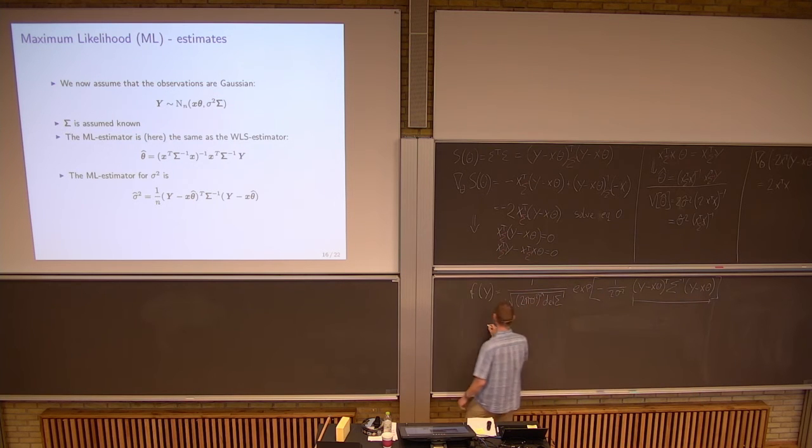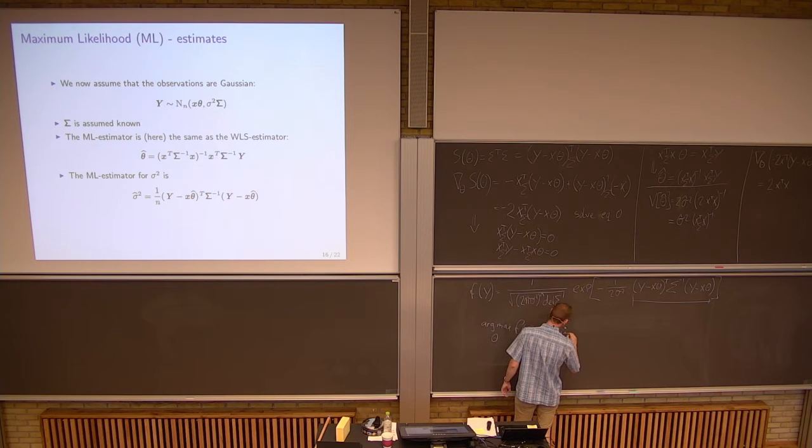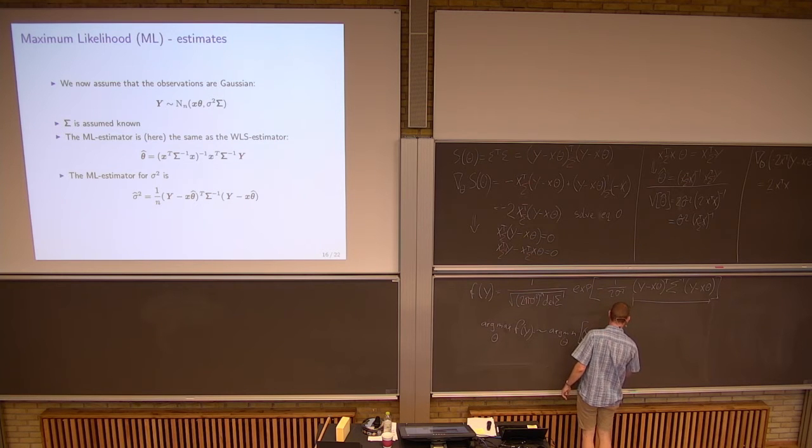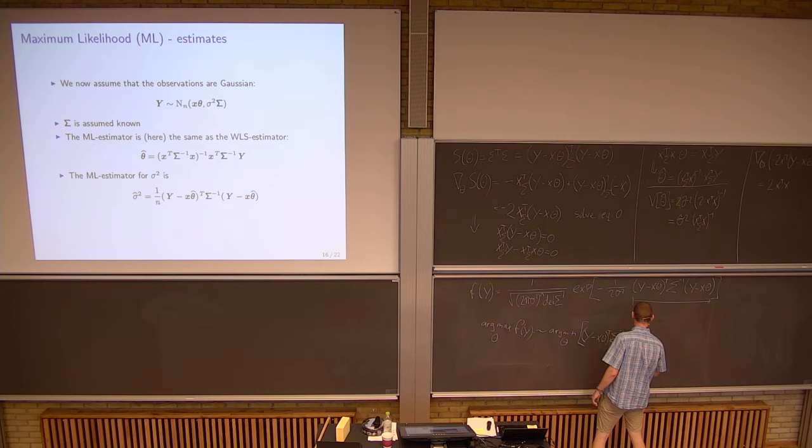So we want to find the arg max over theta of f of y, and it's the same as the arg min over theta of what is in there. Let me write it like this: y minus x theta transpose uppercase sigma inverse y minus x theta.